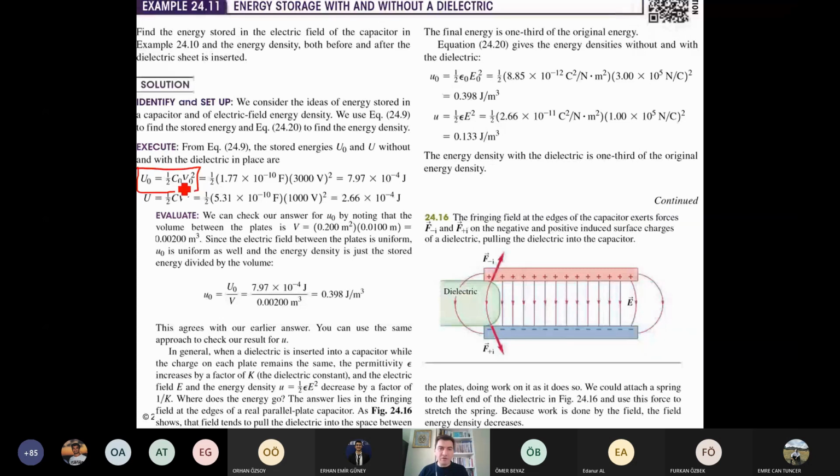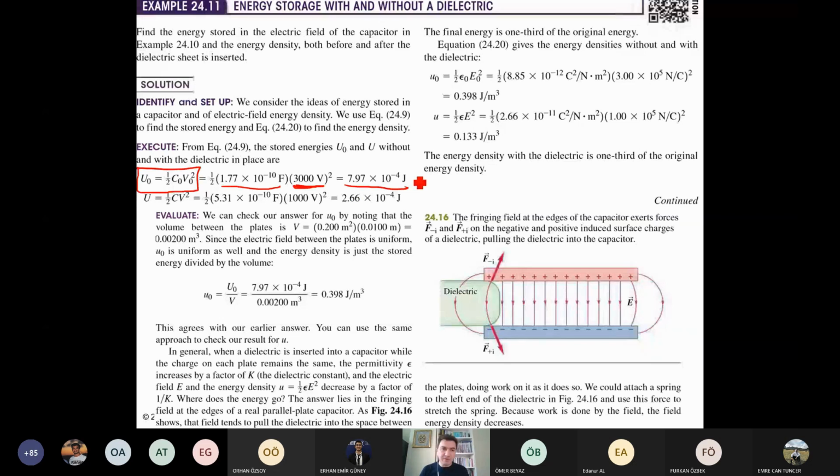Then the energy stored in the capacitor when the dielectric is missing, so we have just vacuum between the plates, we can store this energy. And when we insert a dielectric material between the plates, then we can store this energy.